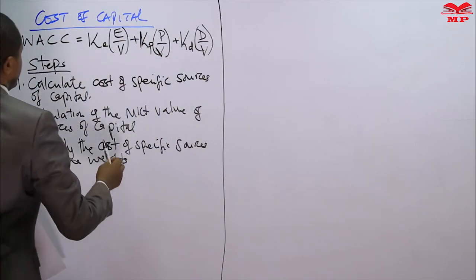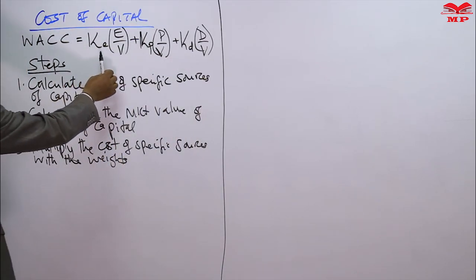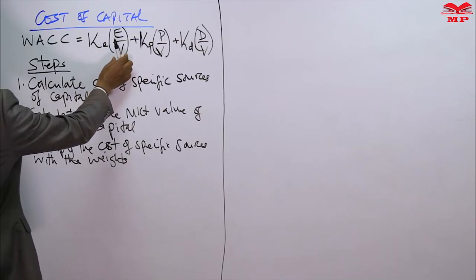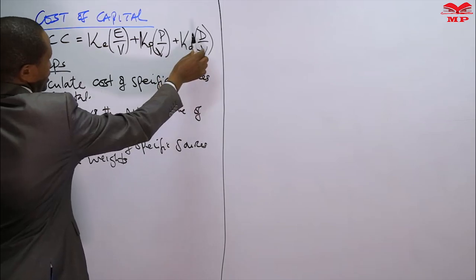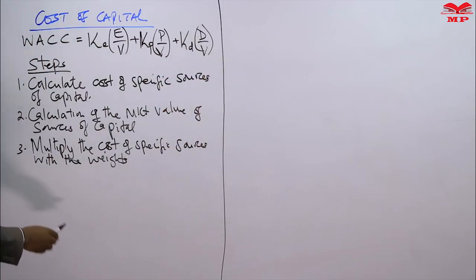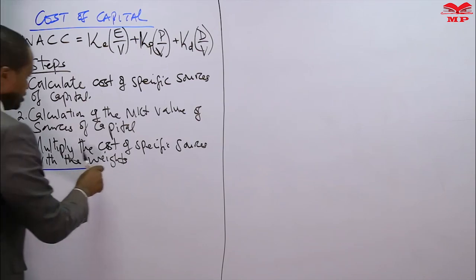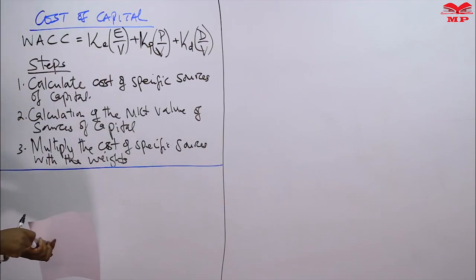The weighted average cost of capital is equal to cost of capital times the weight, cost of equity times the weight, cost of debt times the weight. So you can now proceed with step number 1.